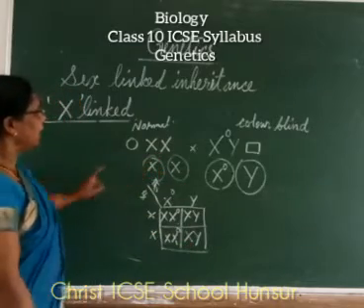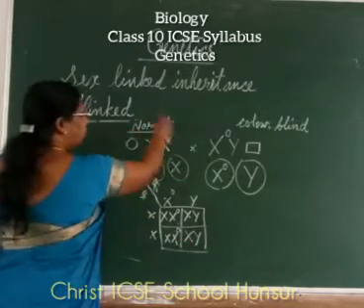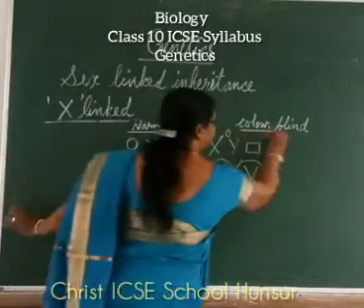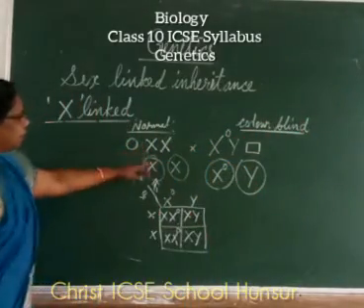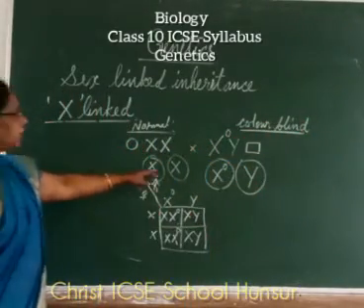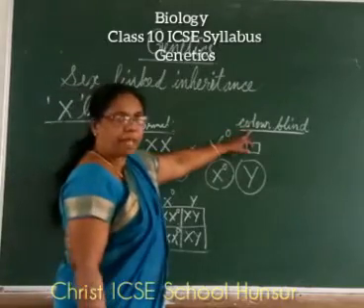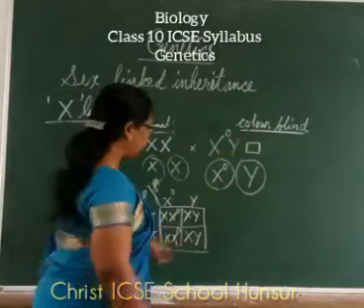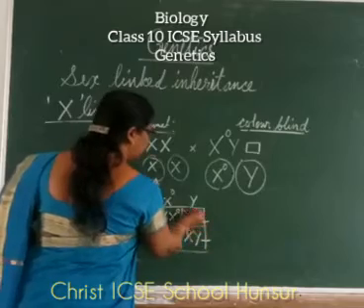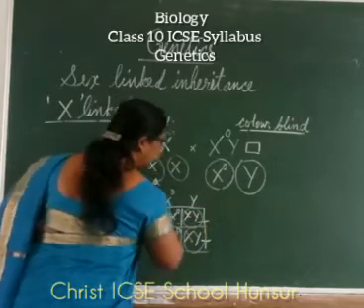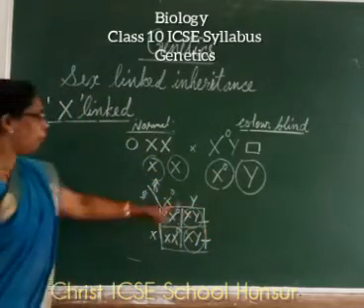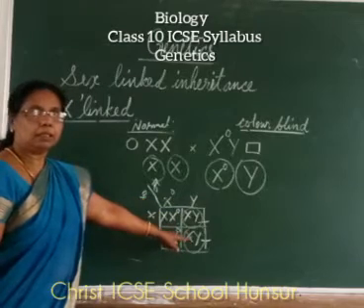So you see here the mother is the normal one, whereas the father is color blind. And what is the possibility? How the children, you can see that for the colorblind father, two sons are formed. Here this is a son, this is a son. Both the sons are normal. Okay?